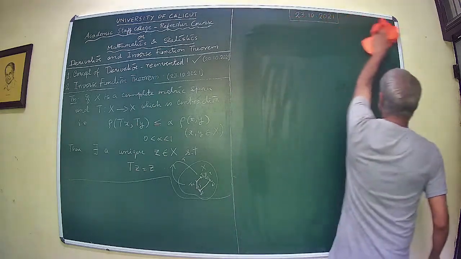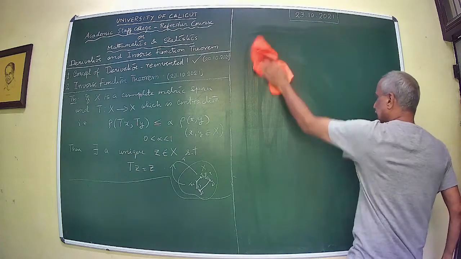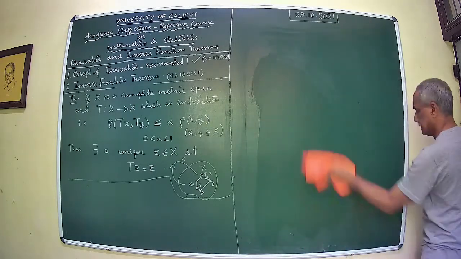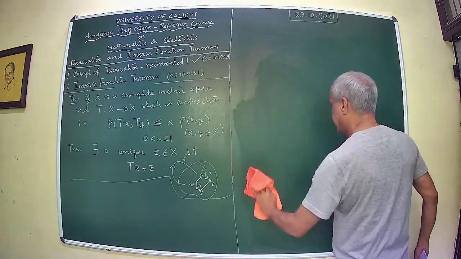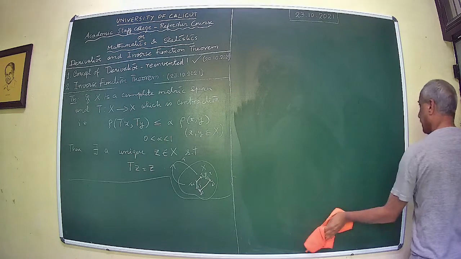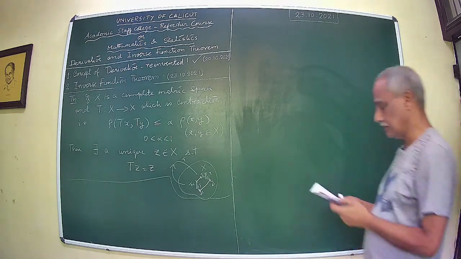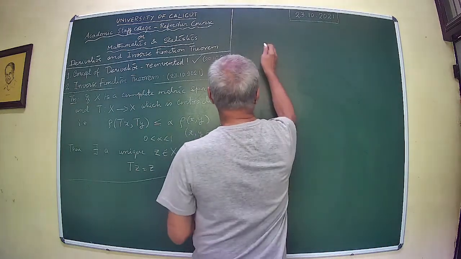How does this construction go? That needs a lot of work to get an insight into what is going on. I would suggest you look at the lecture I gave on my channel, where I spent a considerable amount of time explaining these ideas, right? Okay.